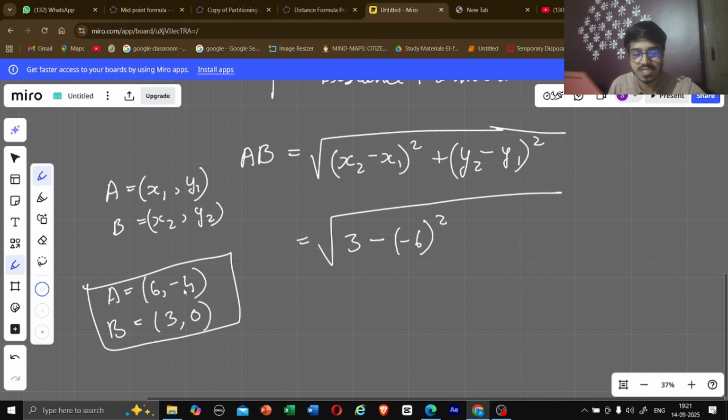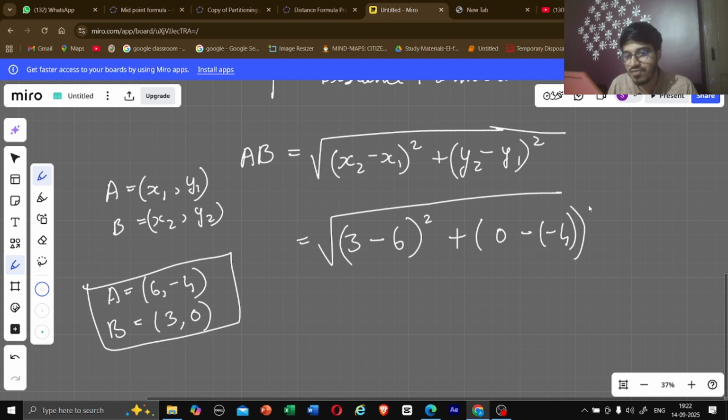There is no minus here. 3 minus 6 whole square plus what is y2? Y2 is 0 minus, which is in the formula, y1. What is y1? Minus 4. So y1 is equal to minus 4. 0 minus of minus 4 whole square.